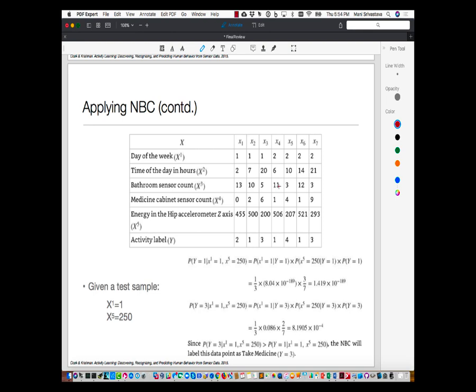Do we have to do the Gaussian calculation, or can we just represent it with some other function? I will give you information on this.